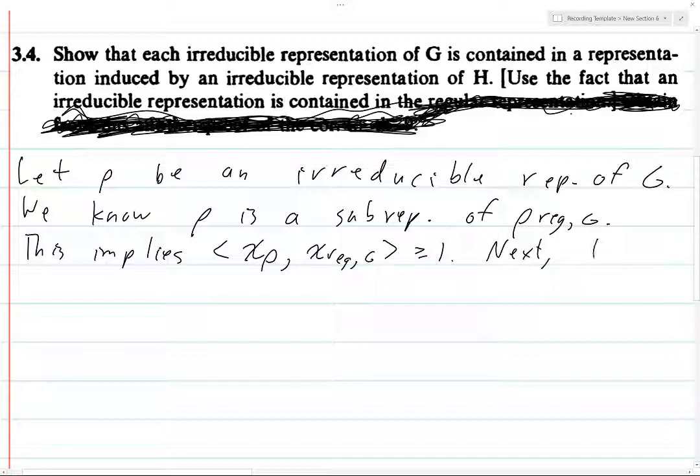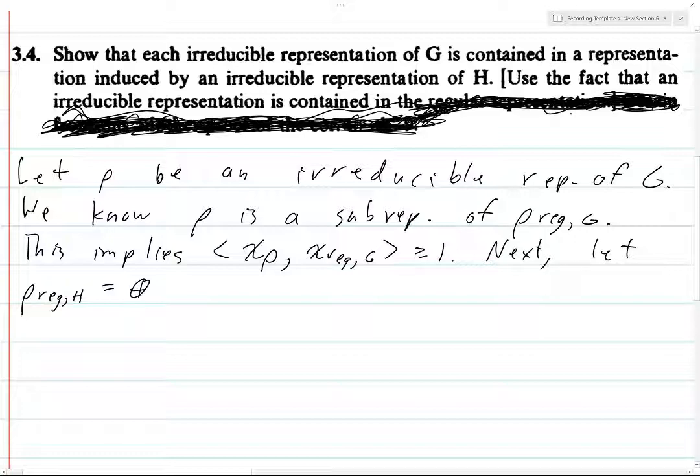Next, let rho reg H, so this is the regular representation of H, and that's why I have this extra G and H here, so that we can distinguish between the two.